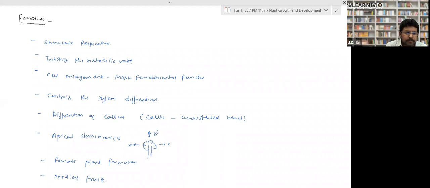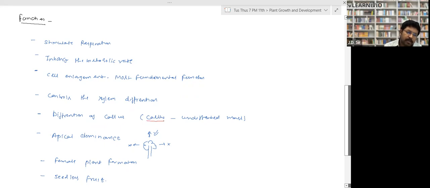Next point: it is also used in differentiation of callus. Now, do you know what callus is?